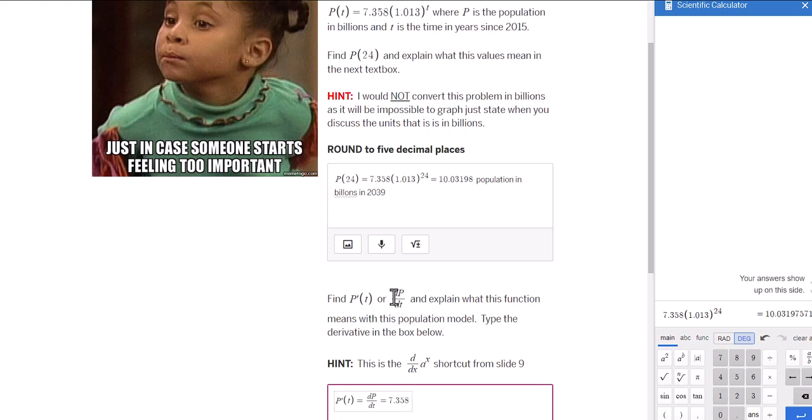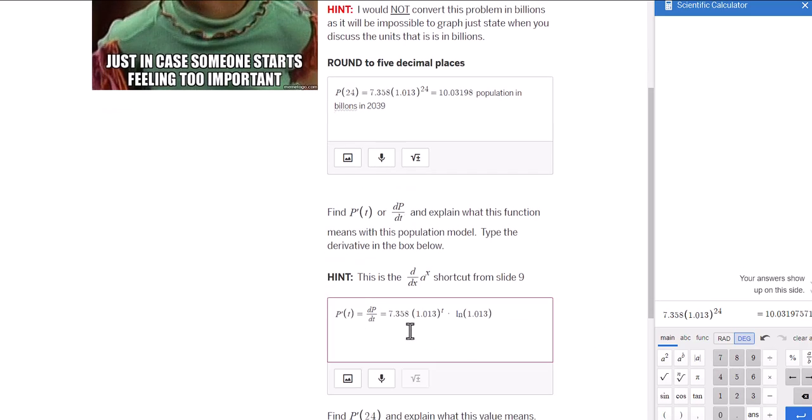The a to the x stays the same, and then times ln, the natural log of 1.013. All right, so that is the derivative.